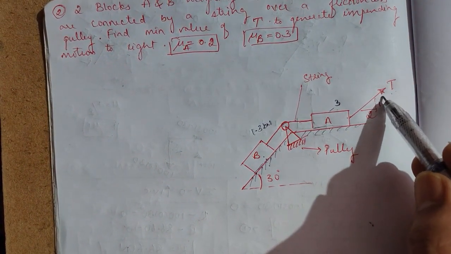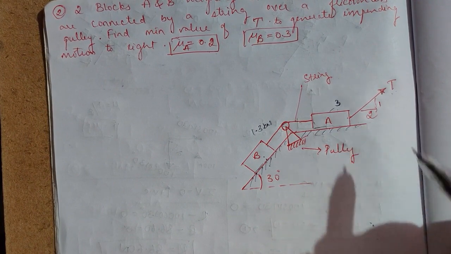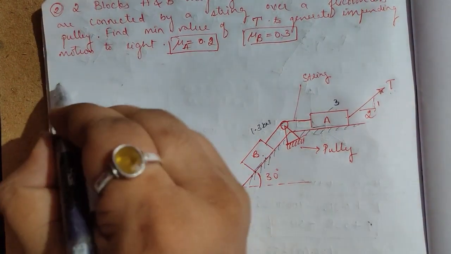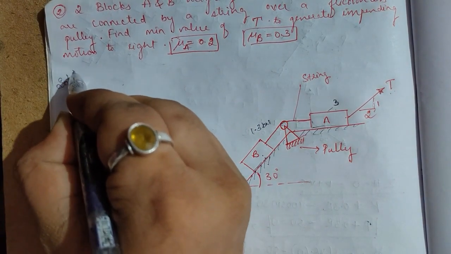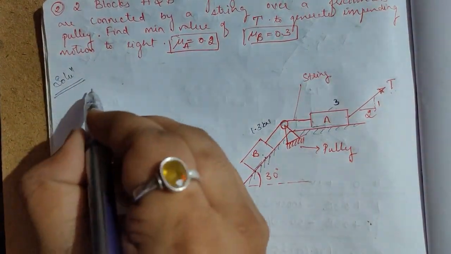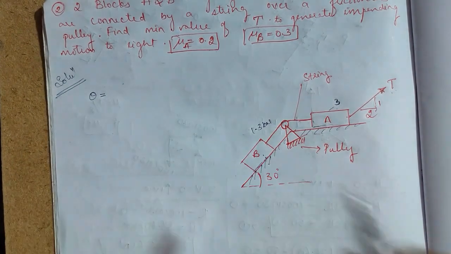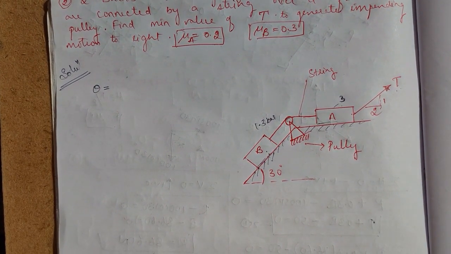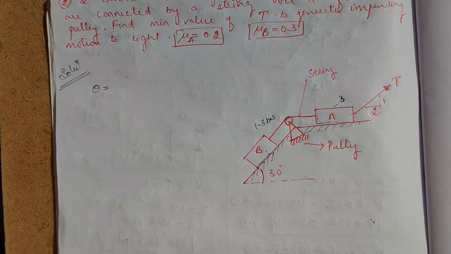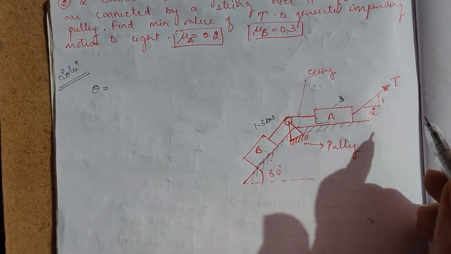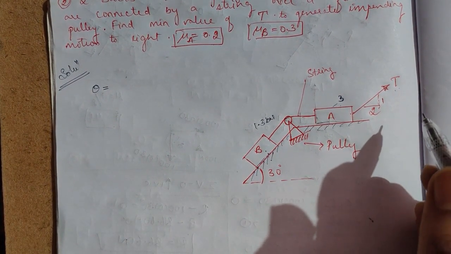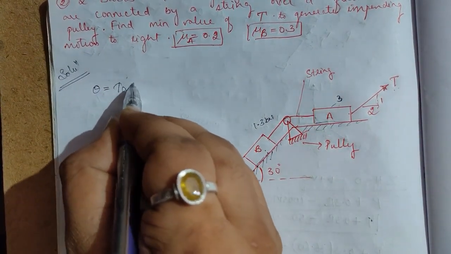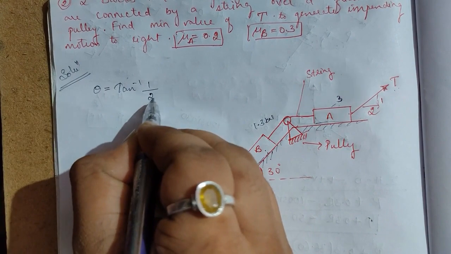Okay, and they have given the slope that is 1:2. So if the slope is given, understand, we have to find theta. Okay, how to find theta when the slope is given? Tell me. Now theta be the angle made by T with the horizontal, right? Now theta is equal to tan inverse of 1/2.